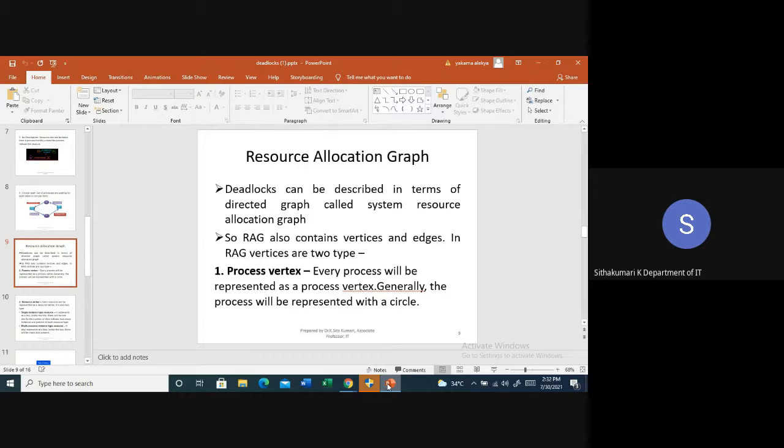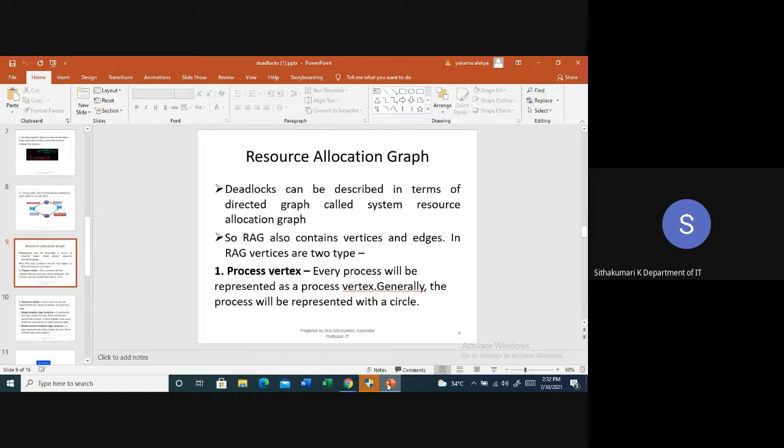Deadlocks can be described in a precise way in terms of a directed graph, which is called the system resource allocation graph, RAG. This graph contains vertices and edges.